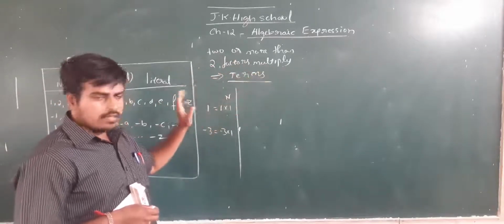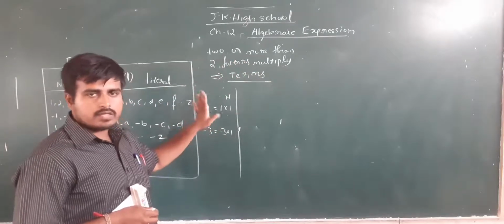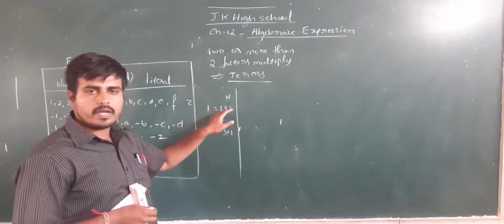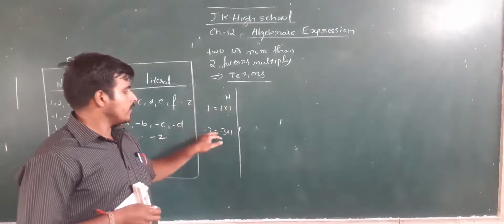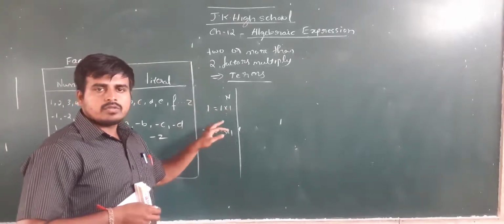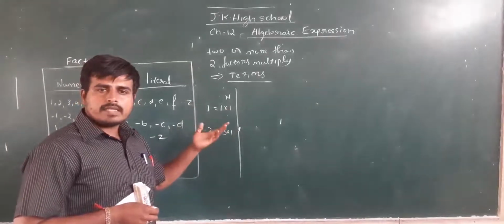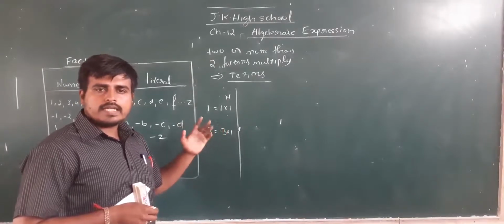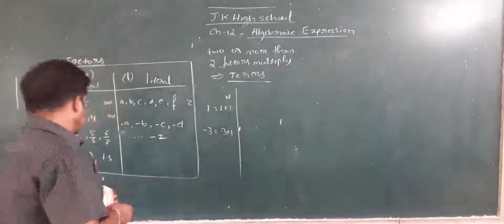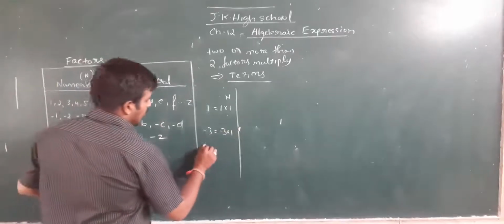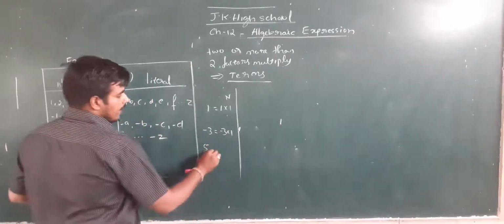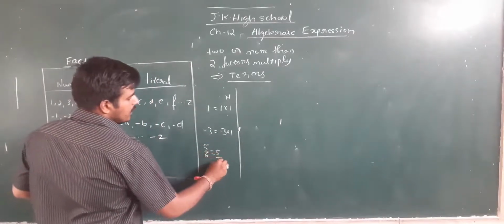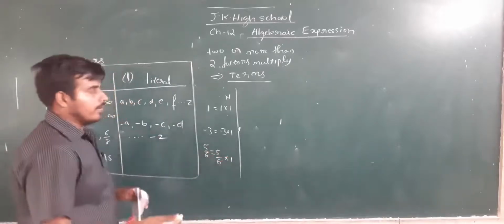So 1 is also a factor and it is also a term, because 1 can be expressed as 1 into 1. So every number, whether a single number or a single digit, is nothing but a term. You can take any number, 5 by 6. 5 by 6 is also a term, because I can write 5 by 6 as 5 by 6 into 1. Okay, like this.